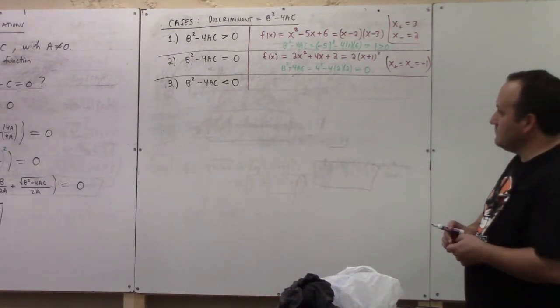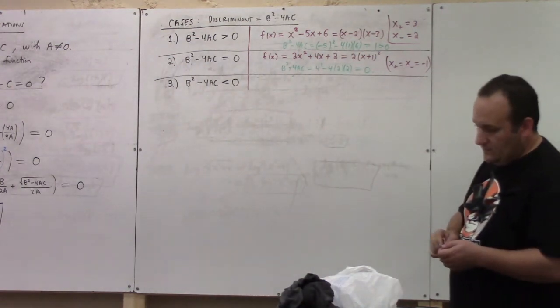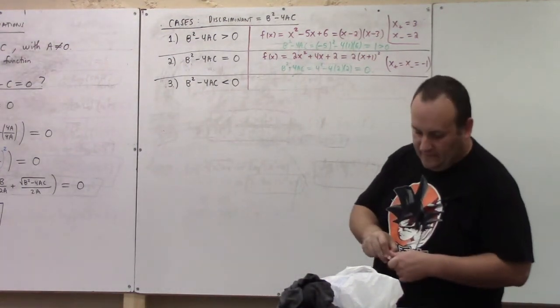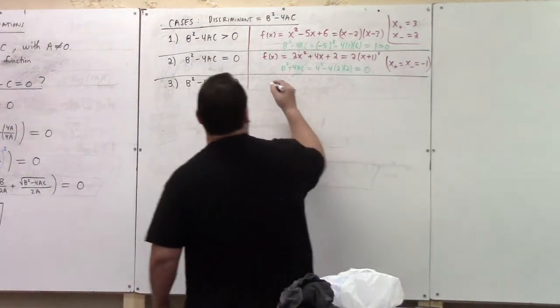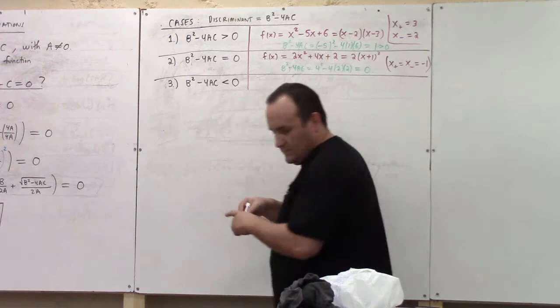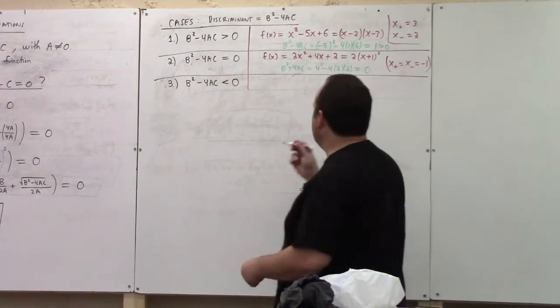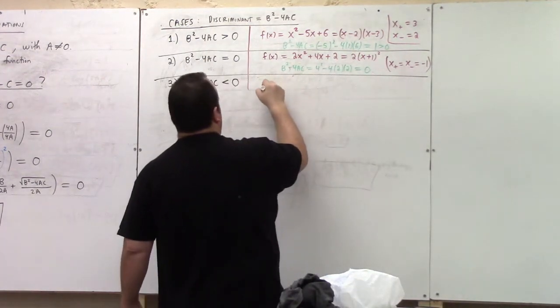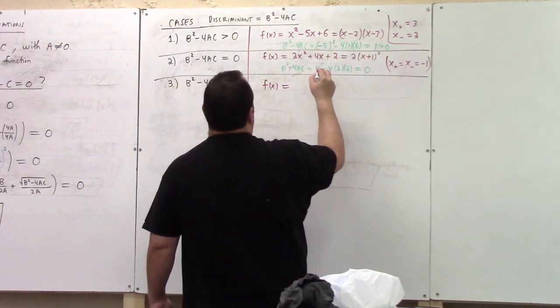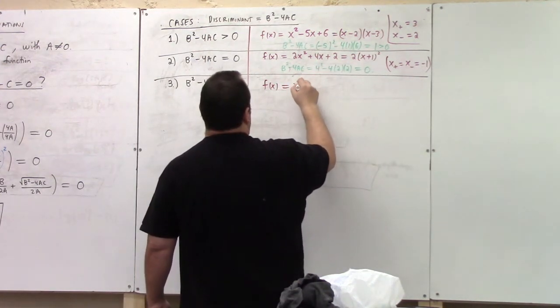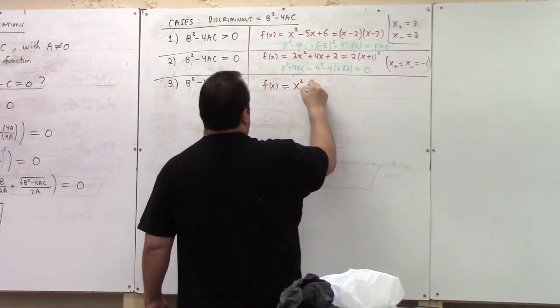And so finally, what's the third case? Is discriminant being negative? Well, there's lots of examples, but here's my favorite example, is probably this one. I guess it's f of x equal to, let's see here, x squared. I guess x squared plus 1 is a good example.